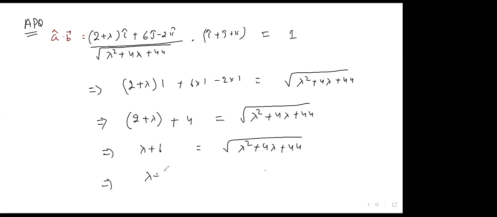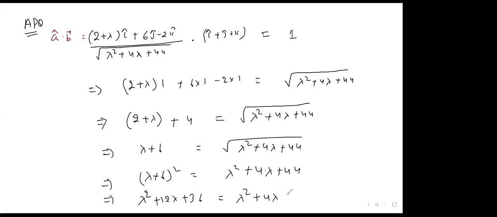Squaring both sides, this will be expanded as a plus b whole square. So lambda square plus 12 lambda plus 36 equals lambda square plus 4 lambda plus 44.